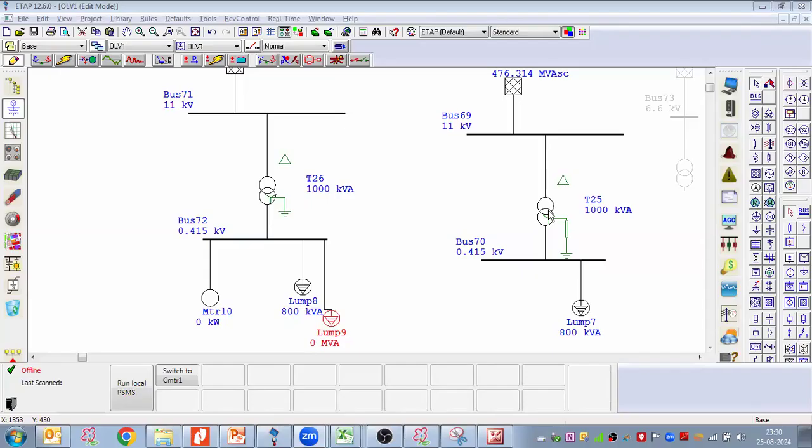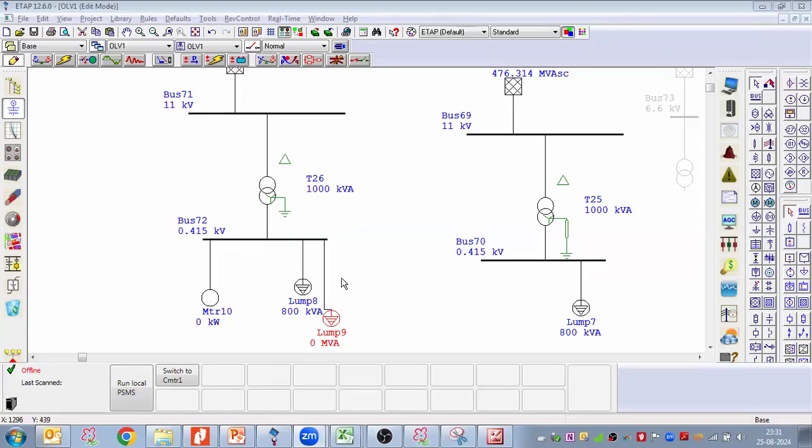So for that reason you have to consider the transformer. It is not injecting current, but it is contributing, because it changes the voltage and has impedance. So you have to take the transformer.